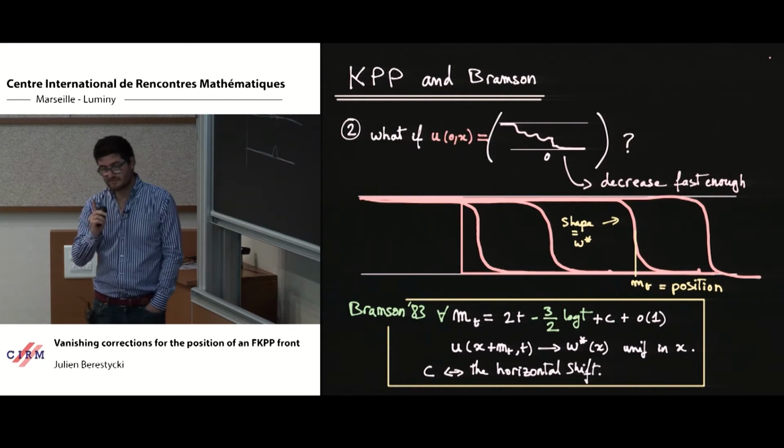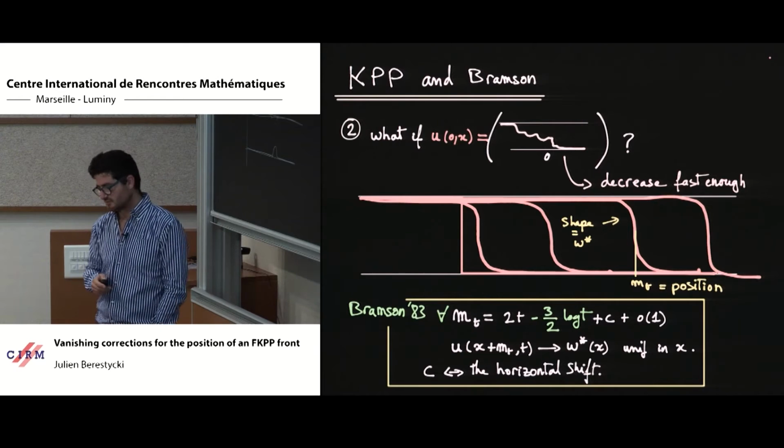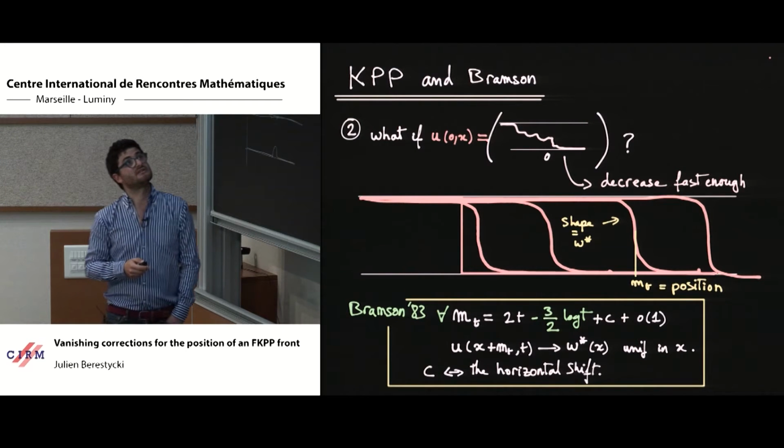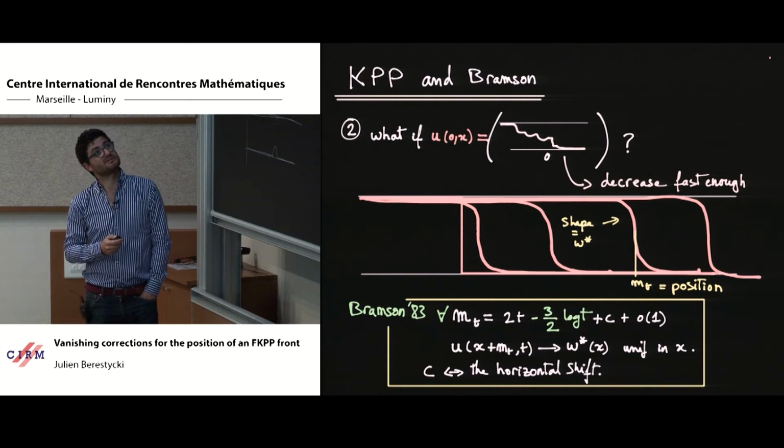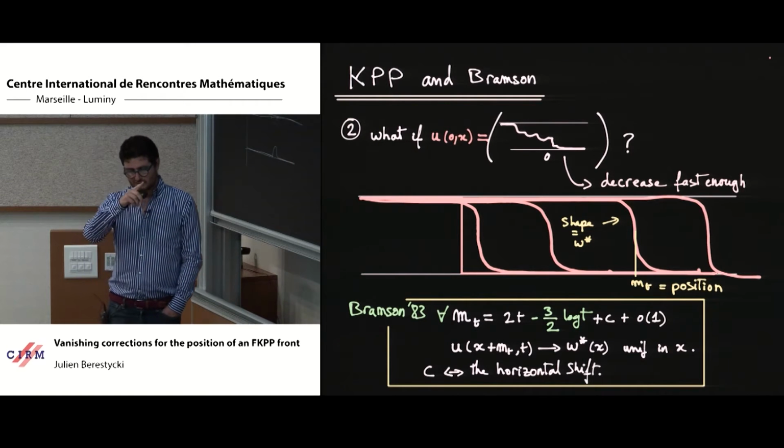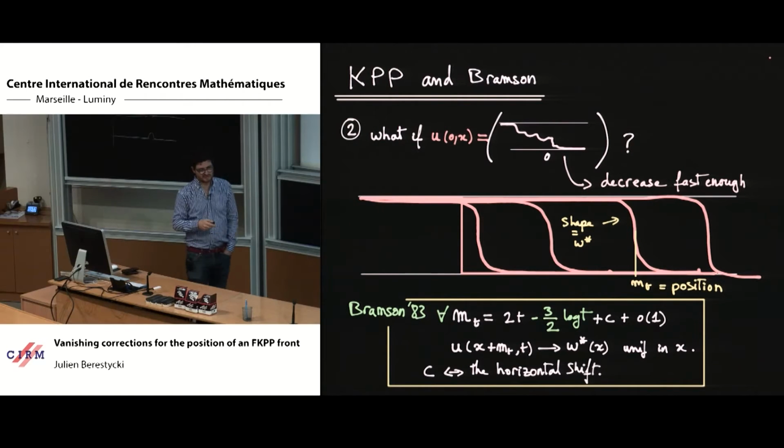Okay, and the other very important part, of course, of Bramson's results is that now you're not restricted only to those Heaviside initial conditions. He showed that in fact, this is going to hold whatever the initial condition, provided it decreases fast enough near infinity.